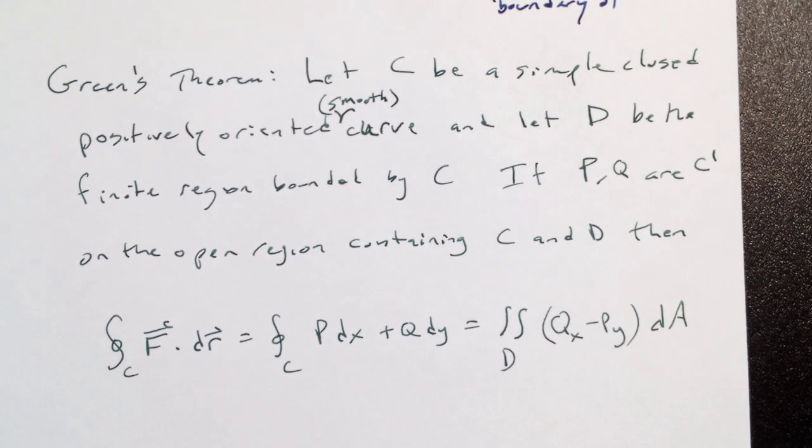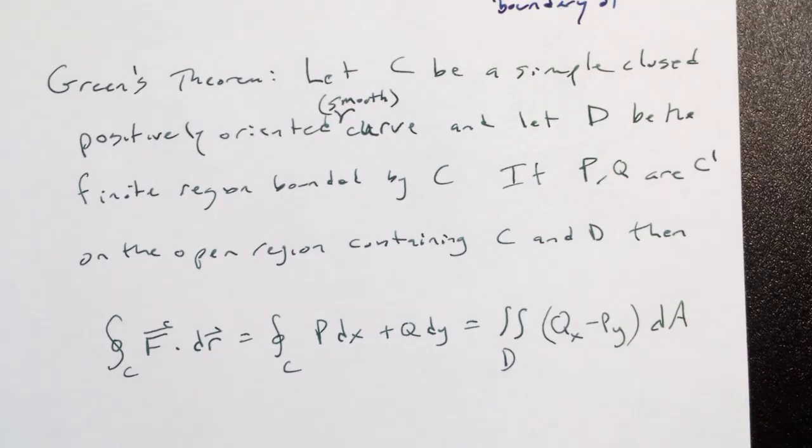But those were the x, y, and the y, x of the potential function, right? Which meant they were the first derivatives of the P and the Q. If P_y is equal to Q_x, then my vector field is conservative. That means this is 0.